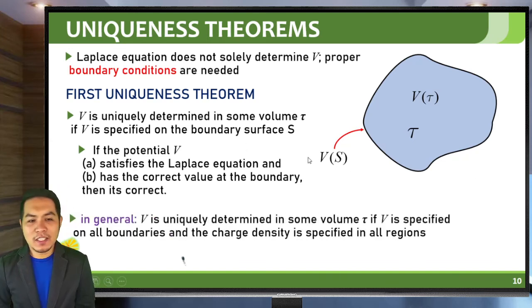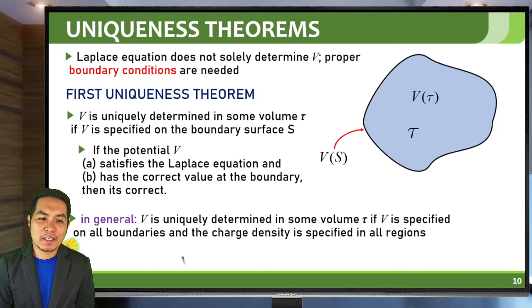In general, the potential is uniquely determined if the potential is specified on all the boundaries, if there are many boundaries, and if also the charge densities are specified in all of the regions.